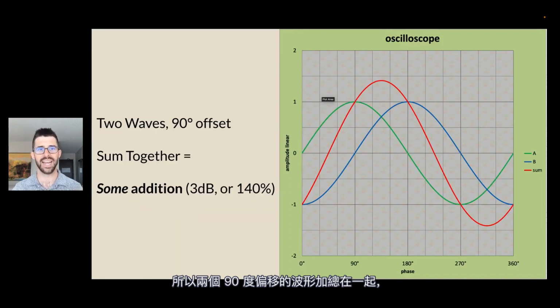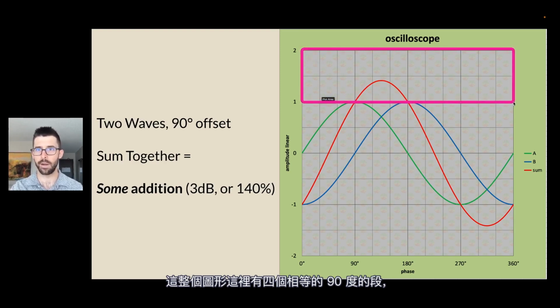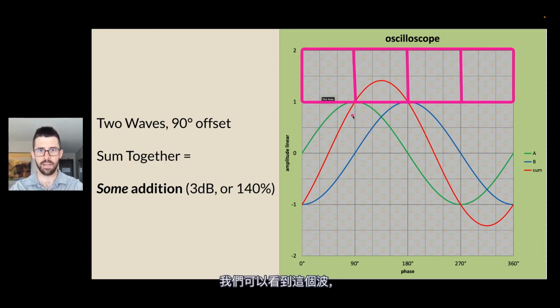Let's look at in between. Two waves 90 degrees offset sum together and they get some addition. So we don't get a cancellation, we don't get our full 6 dB, we get 3 dB. We can see here that they are offset by 90 degrees. This entire graph here is 4 equal segments of 90 degrees. So we're looking at here and here and here. We can see that the crest of the green one versus the crest of the blue is 90 degrees apart.